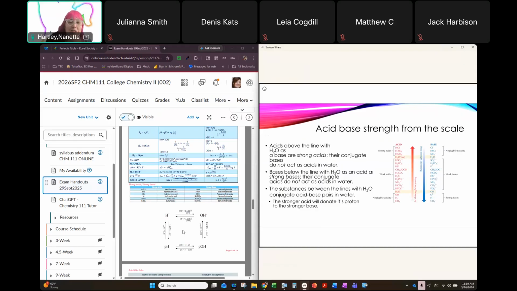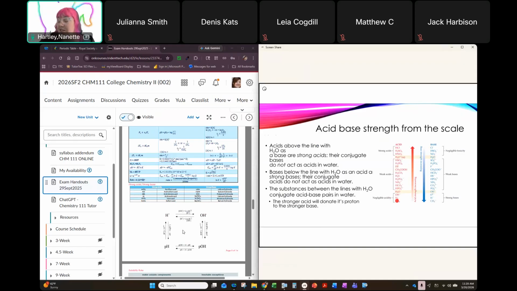We need to be able to use this scale to determine which is the stronger acid. Anything that's above water is a stronger acid than H2O. So anything that's above this H3O plus is a strong acid. If it's up at the top of the table, it's a strong acid. As we go down, those are the weaker acids.